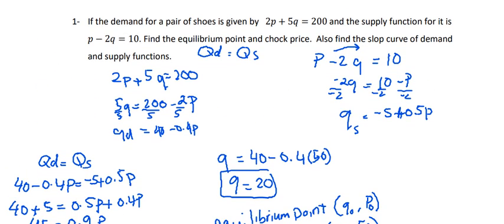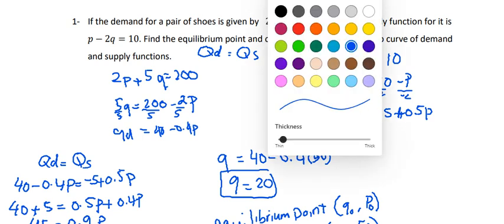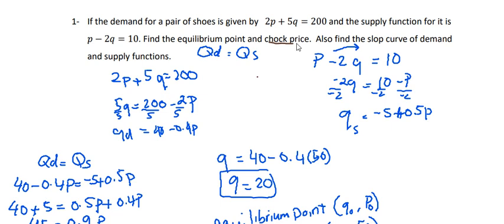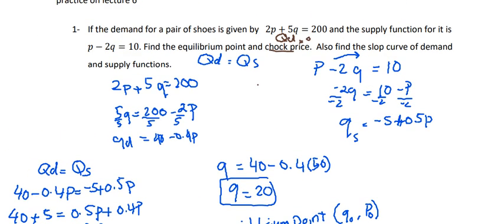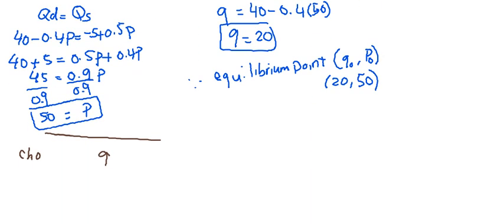By the formula, the choke price is where the quantity demanded is equal to 0.